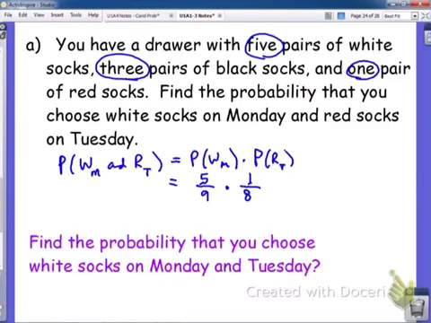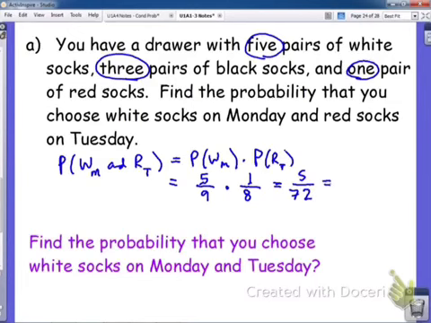And we're assuming that laundry day is over the weekend, so it's all fresh and ready to go on Monday. Okay, 5 over 9 times 1 over 8 is 5 over 72.